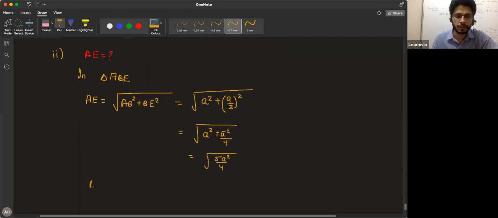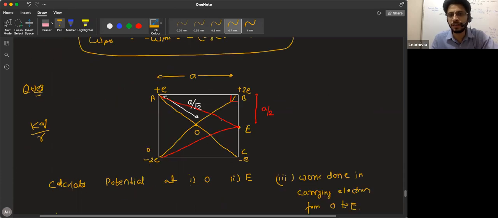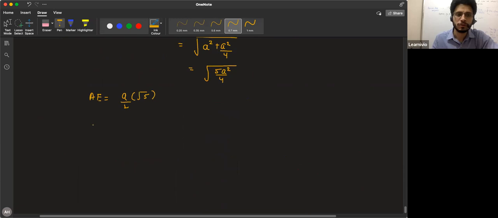So this is your AE. AE is A by 2 root 5. Similarly, you can calculate DE. DE and AE are equal, so DE is again A by 2 root 5.